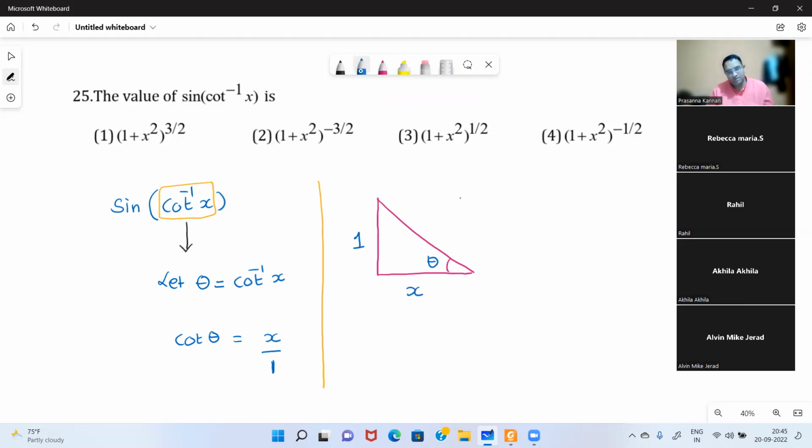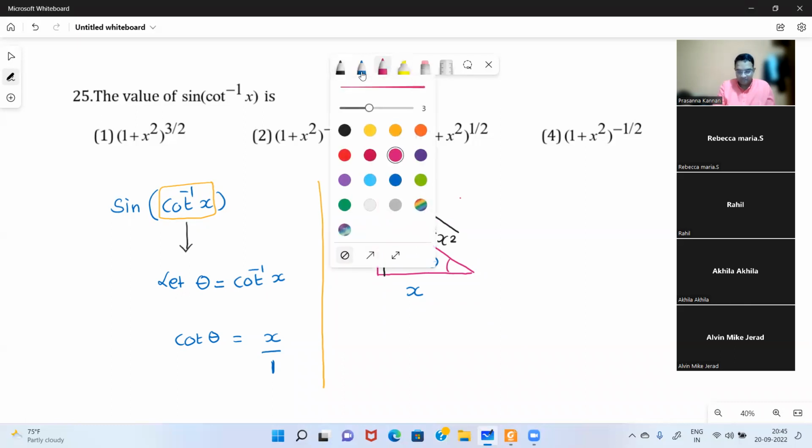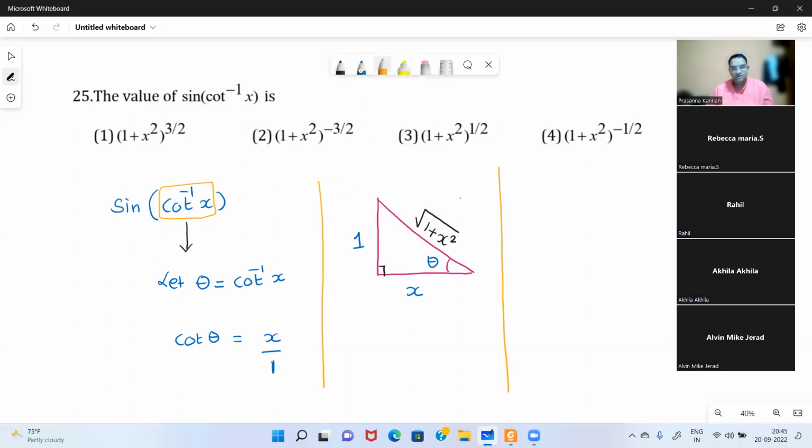So what will be your hypotenuse using the Pythagoras theorem? 1 plus x square whole to the power 1 by 2, root of 1 plus x square, correct? Now, can you tell me what is sine theta from this?